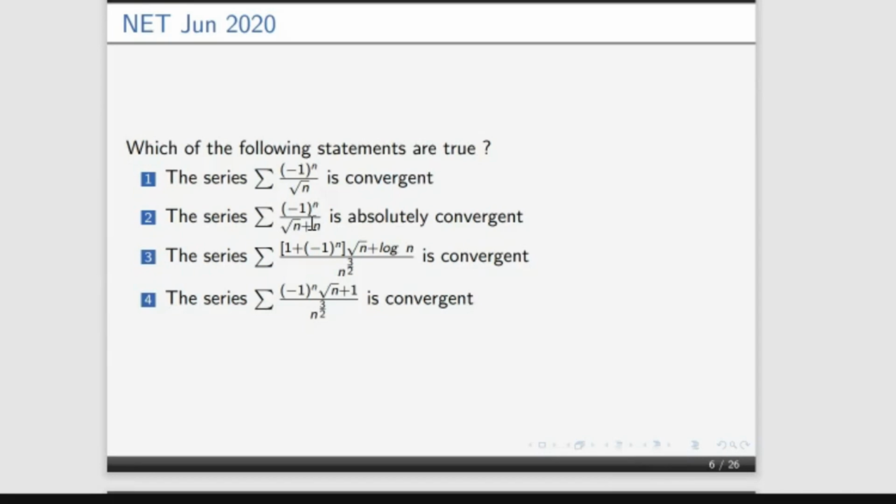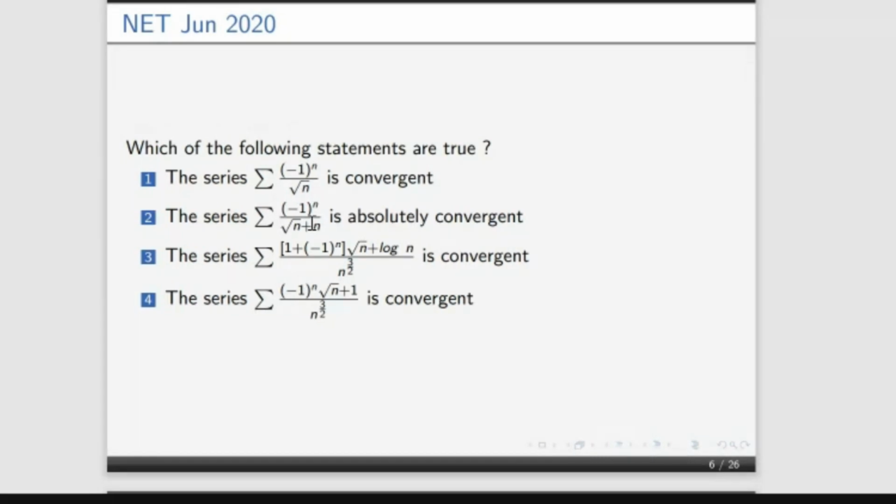So far we have got answers 1 and 2. No one wants to go for 3 and 4. Okay, one of you has given 1 and 4. 2 and 4. Okay, now 3 is only left to come.